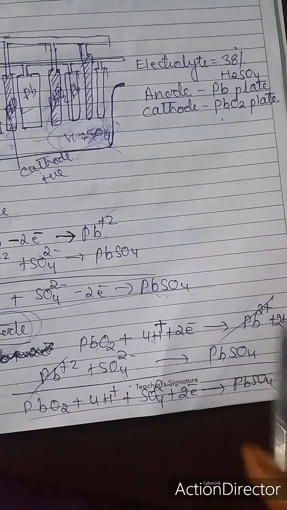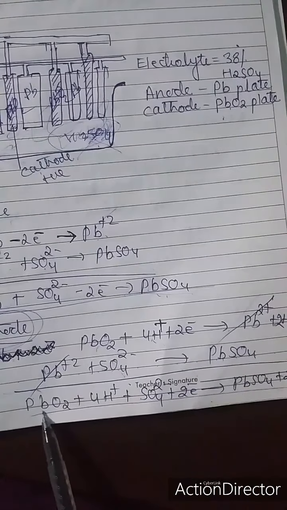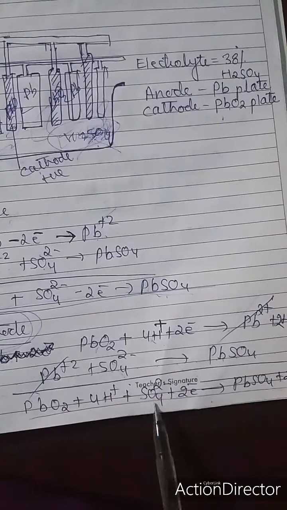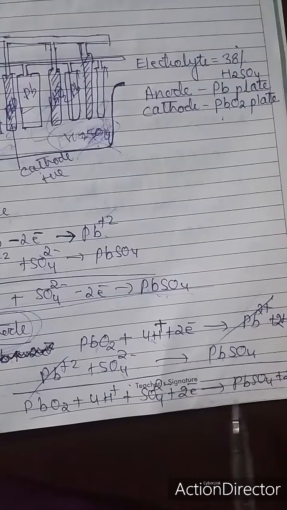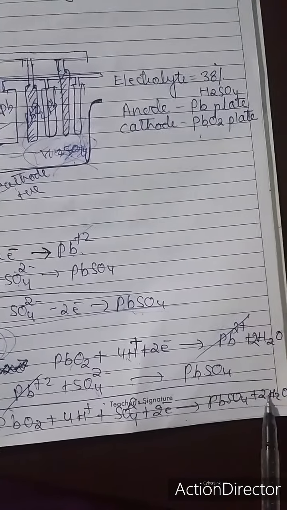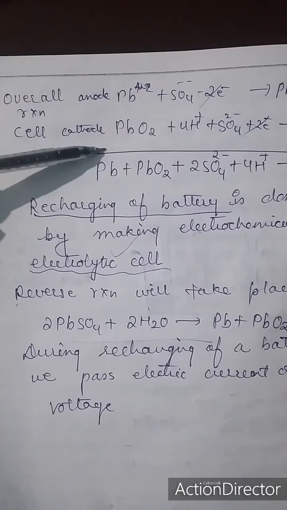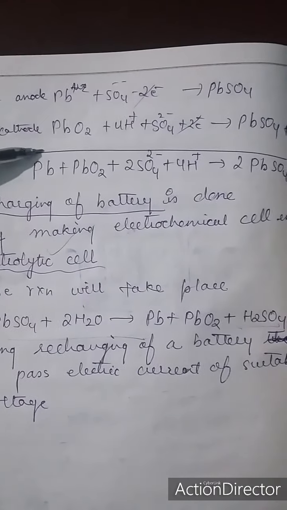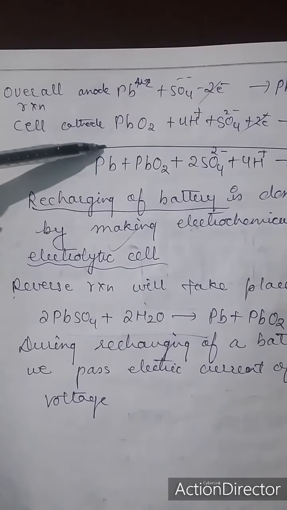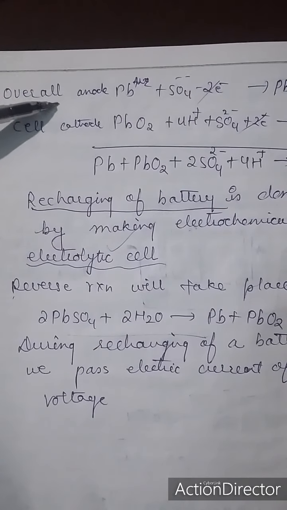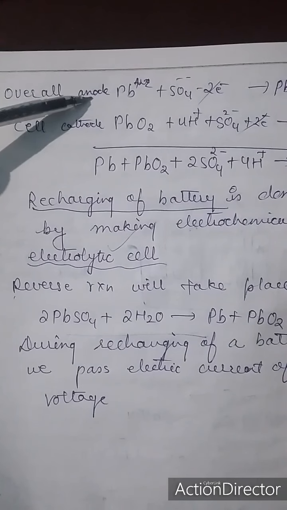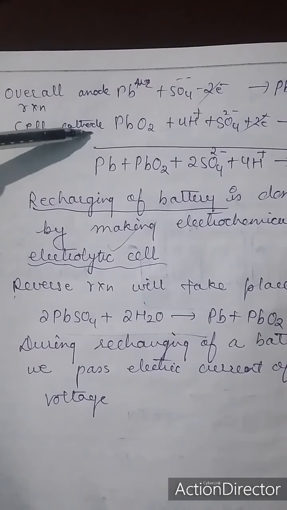Now if you see the overall reaction here, that will be PbO2 plus 4H plus sulfate and 2 electrons giving you PbSO4 and 2 water molecules. So this will be the overall reaction. This is the anode reaction and this one is the cathode reaction.